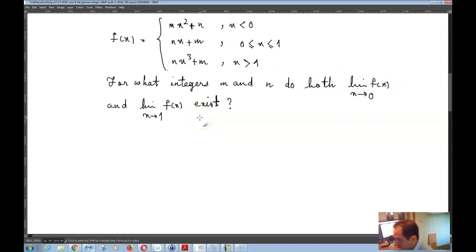So now let's write these two conditions.